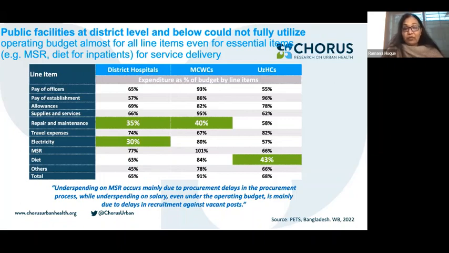When we found these findings, of course, we went to the policymakers and service providers to dig down into what the reasons are. There are multiple reasons, but the main ones were that the planning for procurement was done at the last moment, or even when planning was done, once it is approved at the central level and the medicines and others are procured and sent to the local level, there remains a time lag.